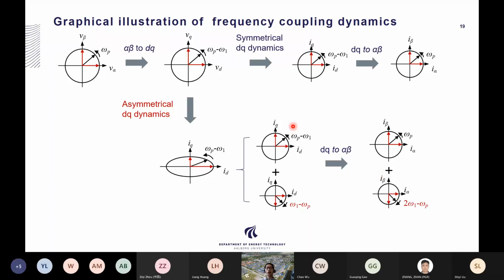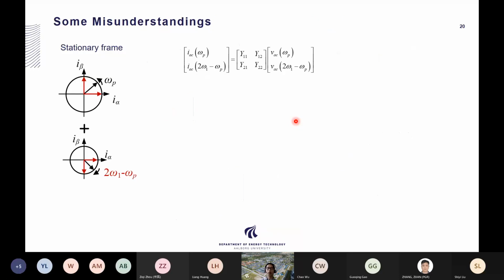And for sure, this phenomenon cannot be described or categorized by a transfer function anymore, but instead it should be represented by a transfer function matrix, which is shown here. As you can see, as long as you have one voltage perturbation frequency, this response would be two frequencies coupled with each other.